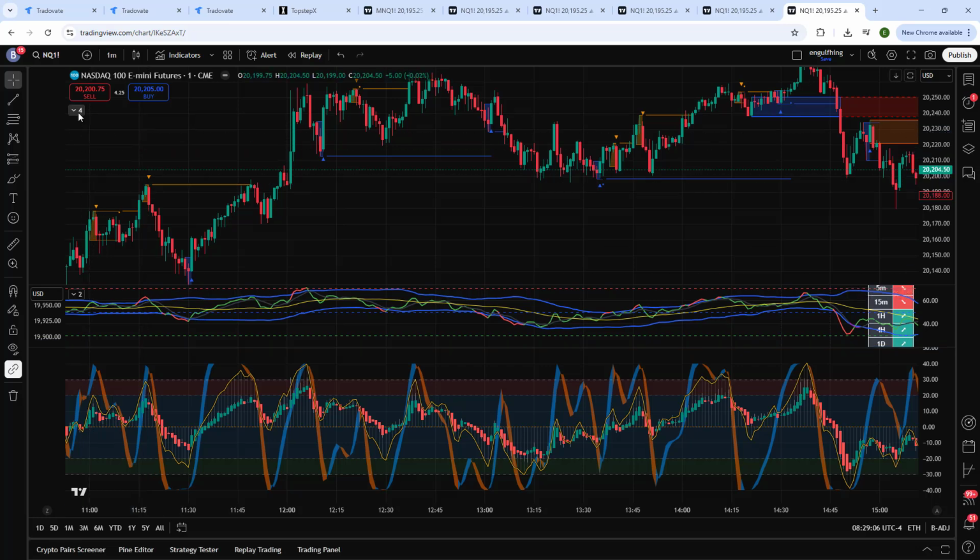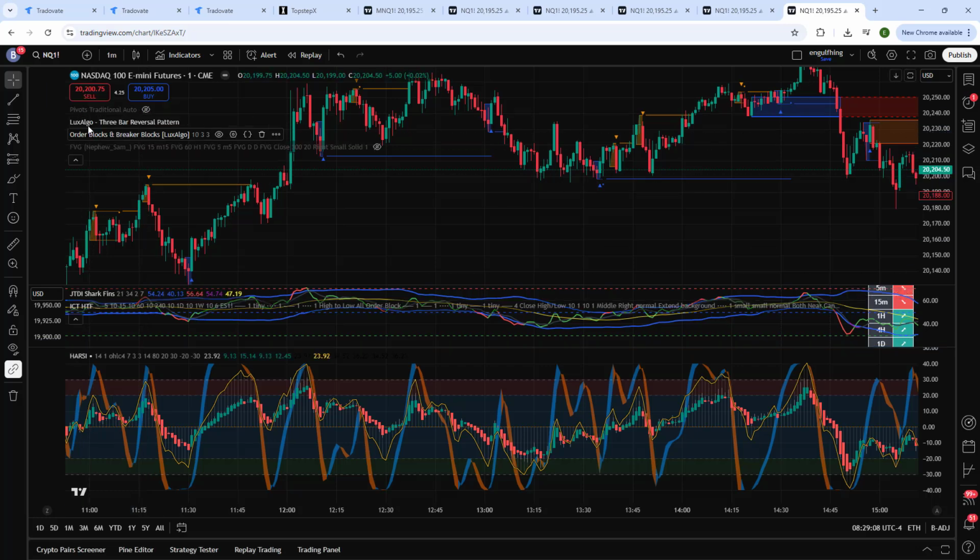I'm going to go over all the indicators. So basically he has the algo 3-bar reversal pattern. I'm not sure if I might have added the order block, breaker block in there. I am not 100% sure. Then he uses the J-Dog TDI with shark fins.